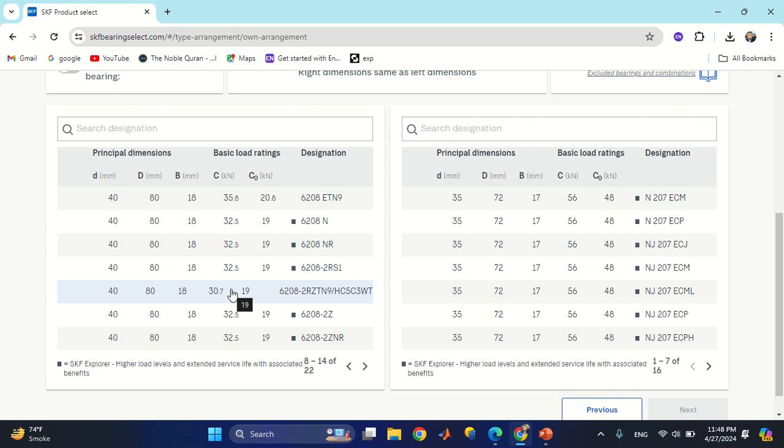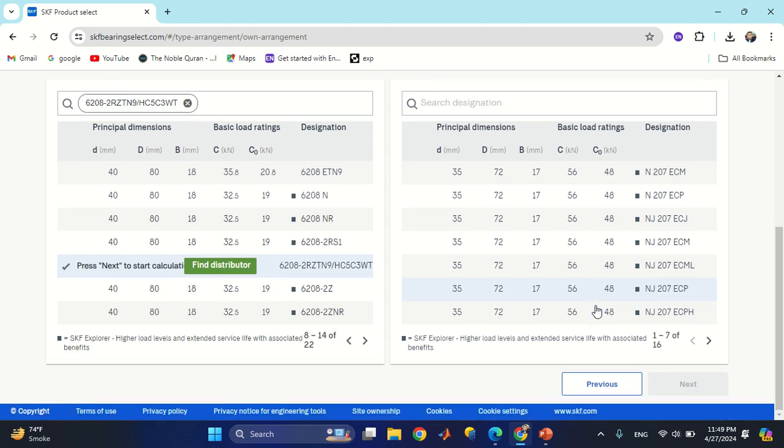Here it is. I got my catalog, and I got the bore, the diameter and the width. So select this one. For the right bearing, the cylindrical roller bearing, my catalog was 31.9, so I'm looking for my catalog.